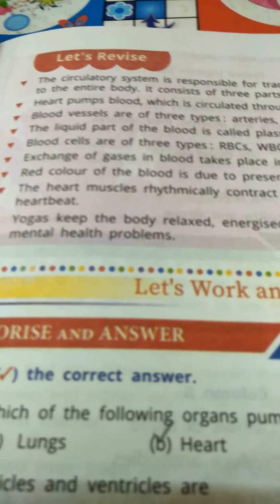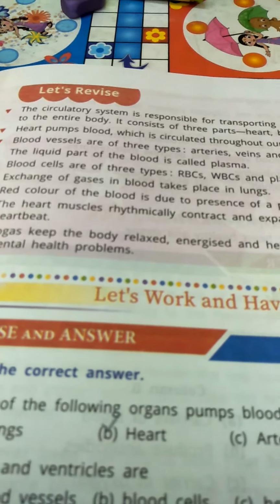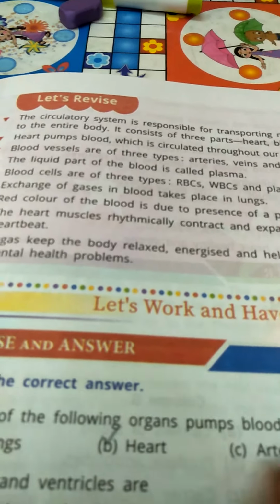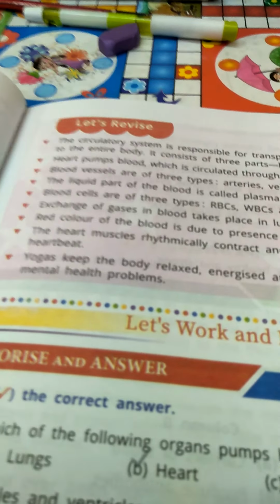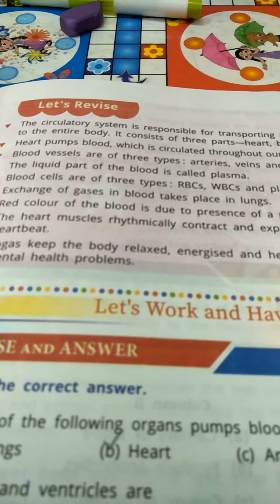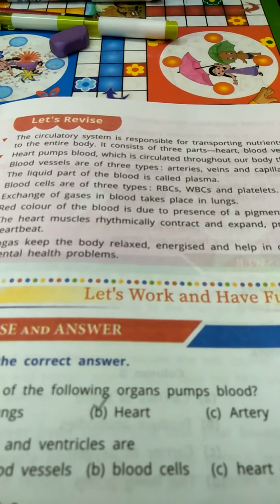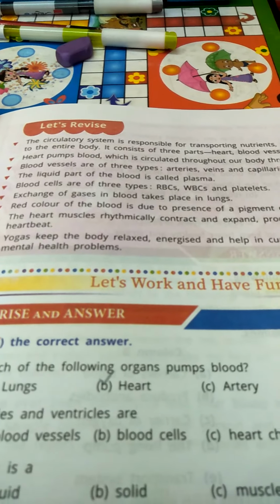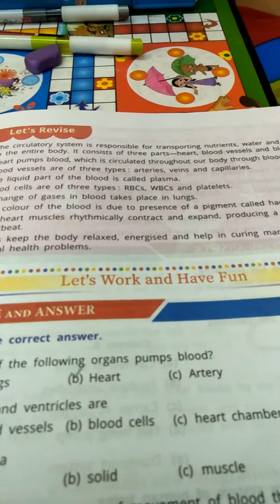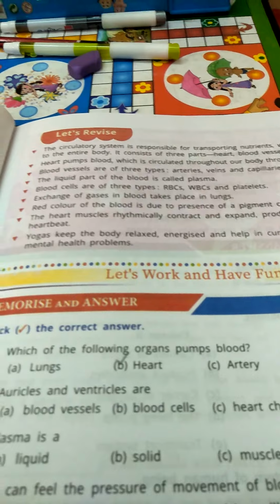The blood cells are of three types: RBCs, WBCs, and platelets. Exchange of gases in blood takes place in lungs. The red color of the blood is due to the presence of a pigment called hemoglobin, which we have learned.